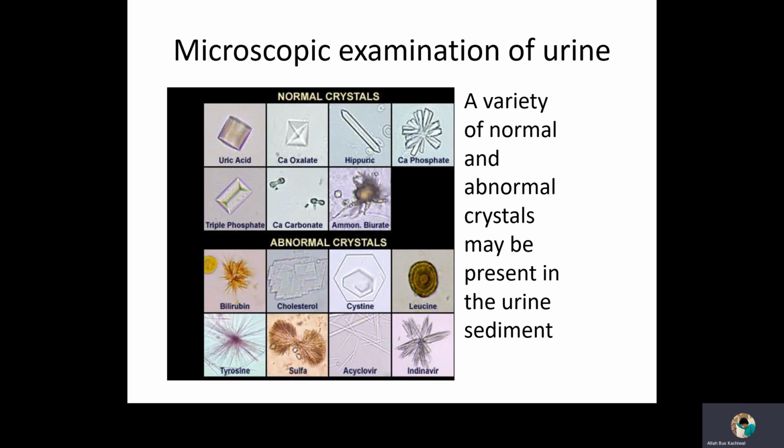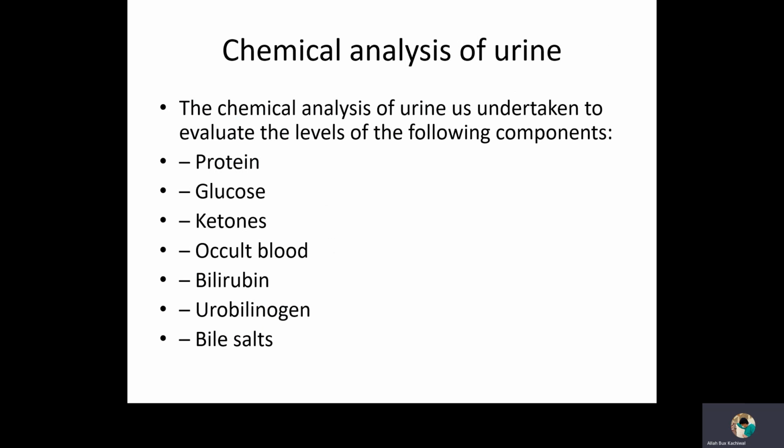So you can see uric acid, calcium oxalate, hippurate, calcium phosphates, triple phosphates, calcium carbonate, ammonium biurate, bilirubin, cholesterol, cystine, leucine, tyrosine, and sulfa drug crystals. Next, the chemical analysis of the urine takes place.